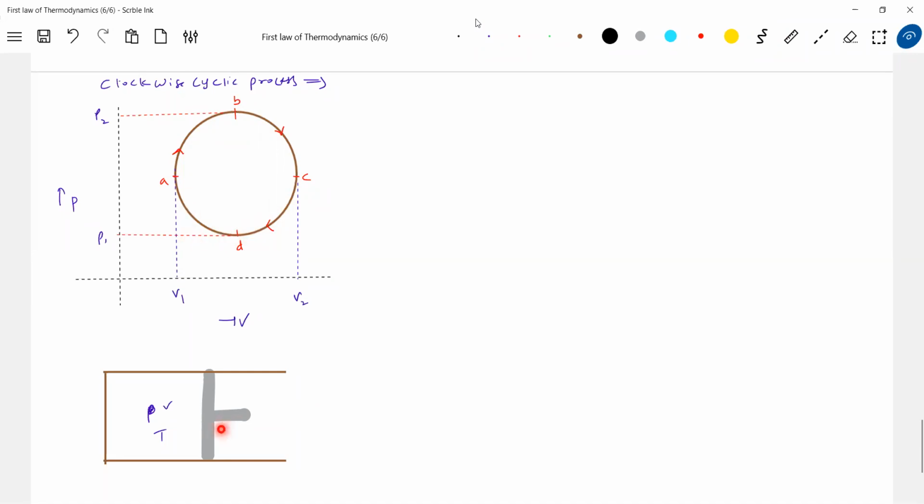Then again, I bring it back to the original value. What is the original value? The pressure is PA and volume is V1. So I'll move it in such a way that the gas comes back to its original state. So what is the change in energy? It will be zero. So for all cyclic processes, what is the conclusion?